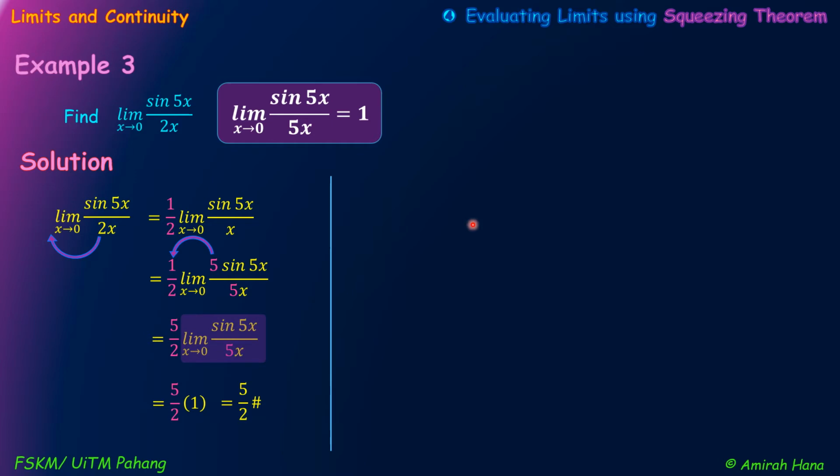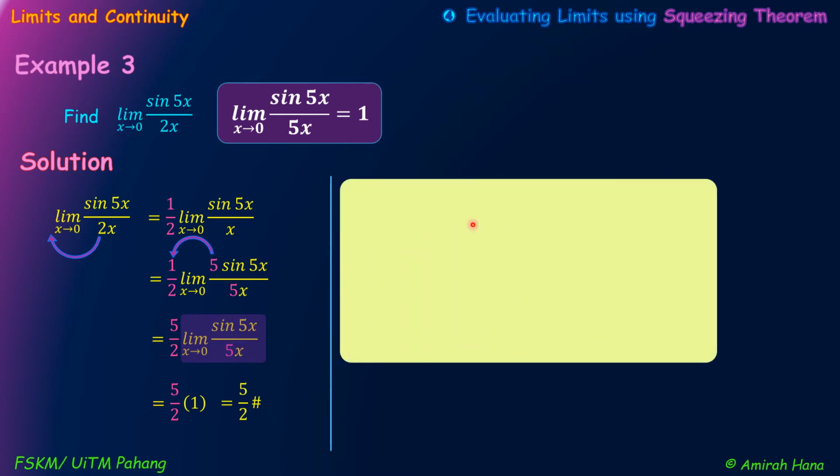Here, I also want to share this technique. From the given question, limit x approaches 0 of sine 5x over 2x, we move constant 5 outside the limit expression, and we move constant 2 from the denominator outside the limit expression. Then we have 5 over 2 limit x approaches 0 of sine x over x.